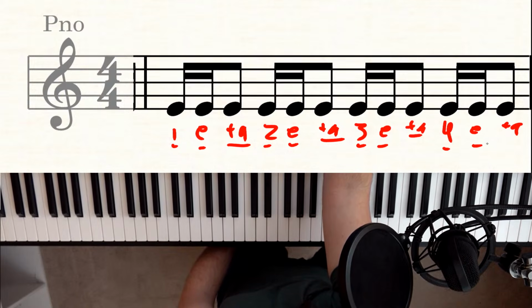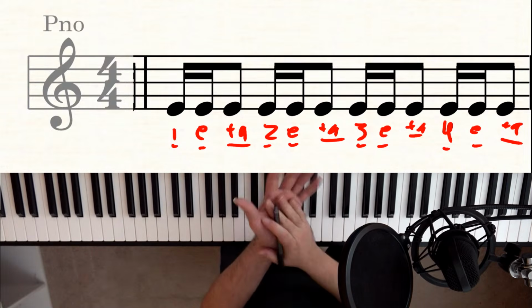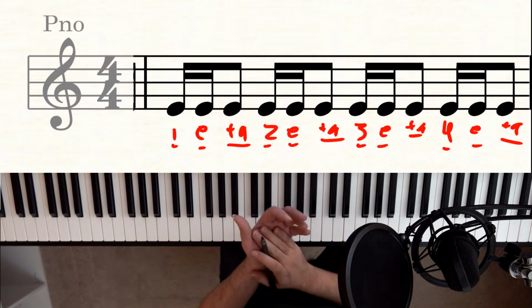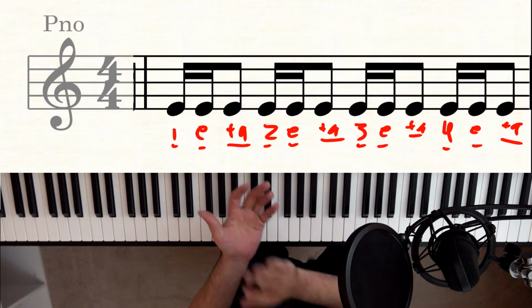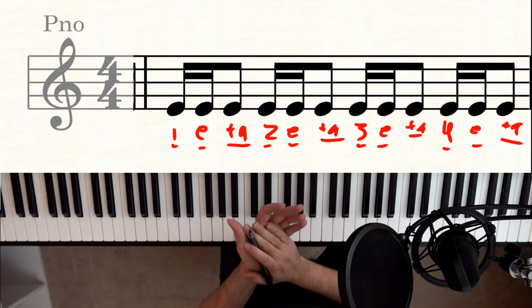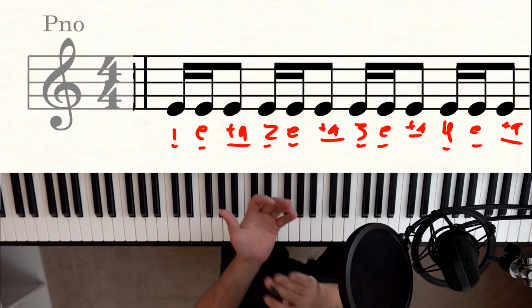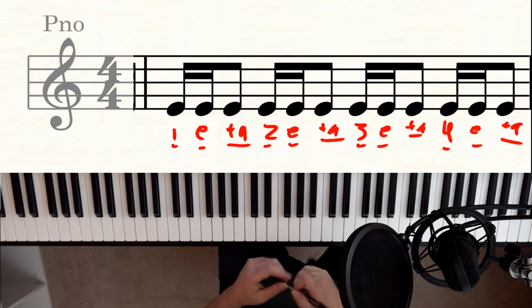So it's actually the opposite of the last one. Remember the one was bum, bum, bum, bum, bum, bum. This one is bum, bum, ba, bum, bum, ba, bum, bum, ba. 1 E and 2 E and 3 E and 4 E and, just like that.